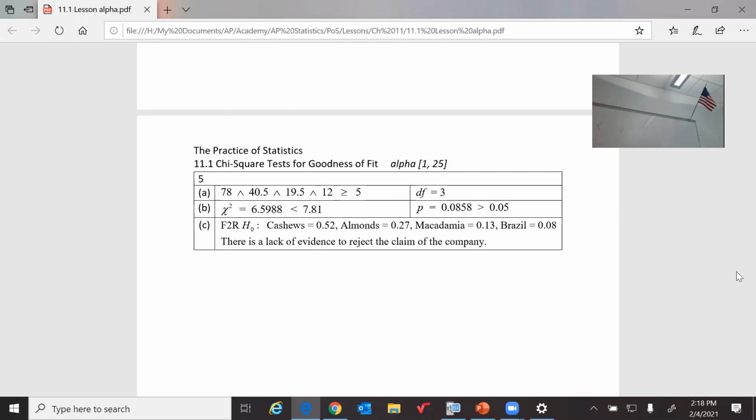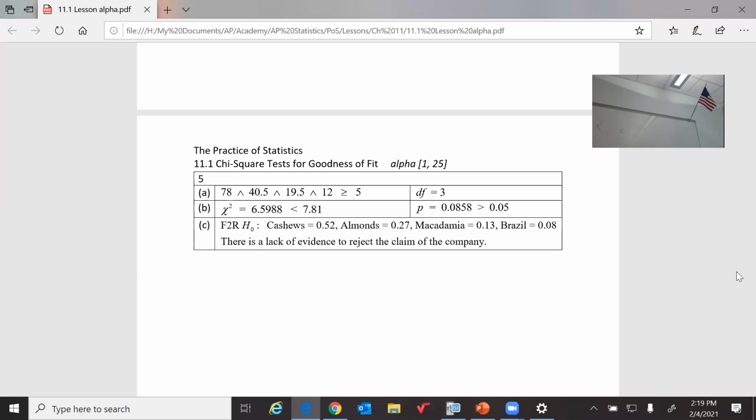There were 4 types of nuts. There's 3 degrees of freedom. 8% is bigger than 5%. F2R. Fail to reject the null. See, we weren't close to the advertised proportion because the p-value is pretty low, but it's not low enough to reject the null.